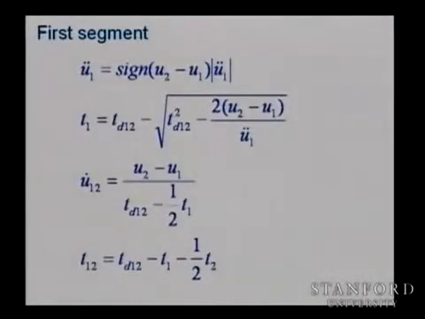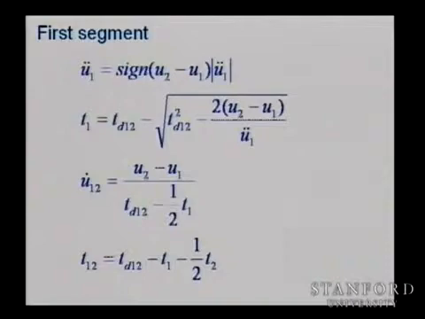So for the first segment, we are given u sub 1, u sub 2, and then we're given the magnitude of the acceleration, or the system has computed that. So then we can compute the actual acceleration based on the sign of the difference between the positions, whether it's accelerating or decelerating.